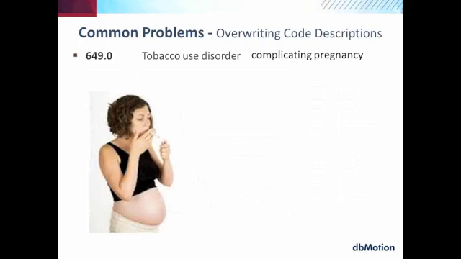So another one of the common problems that's happening out there is overwriting code descriptions. And we have to remember that these codes and their descriptions are decoupled. The description of what the code's describing really isn't the code itself. So there was an example where we had a client, and 649.0 is the code for tobacco use disorder complicating pregnancy.